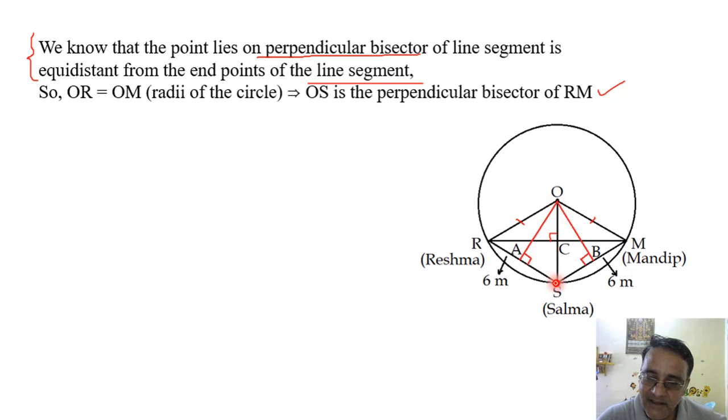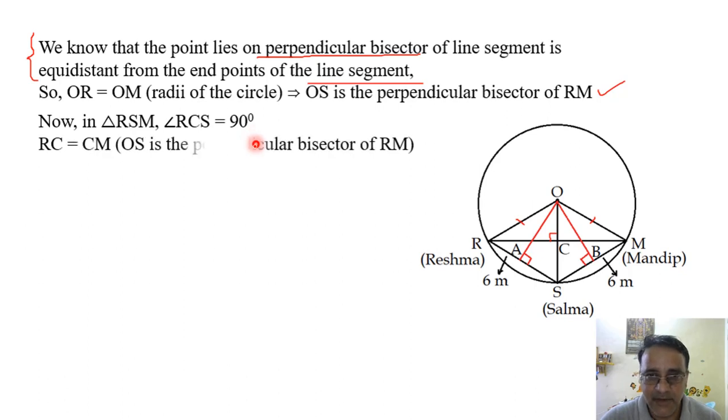Clear है? Yes, sir. So we'll start now. In triangle RSM, angle RCS is equal to 90 degree because we have already written here, OS is the perpendicular bisector of RM. So angle RCS is equal to 90 degree and RC is equal to CM.